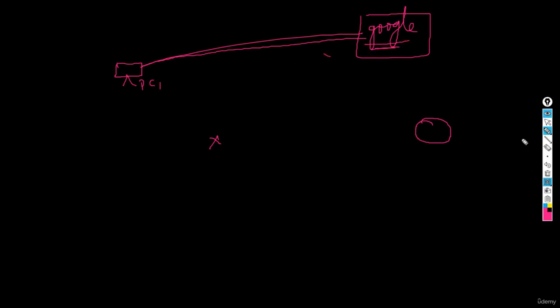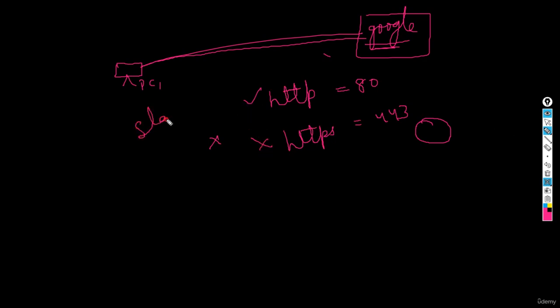We can play with the services, like we can say he can do HTTP, which is port 80, but he cannot do HTTPS, which is port 443. So this we can allow, this we can block, or we can do anything with the extended ACL. But with standard, if you block, it will block completely.